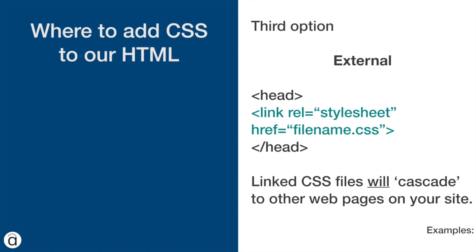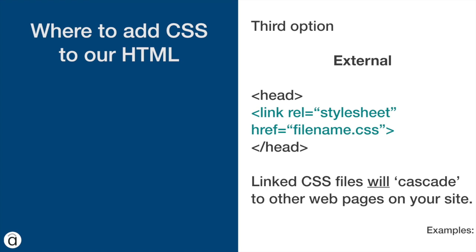So just imagine having a website with, I don't know, 15, 20, 25 different web pages. Well, the way we style all of them is using an external style sheet.